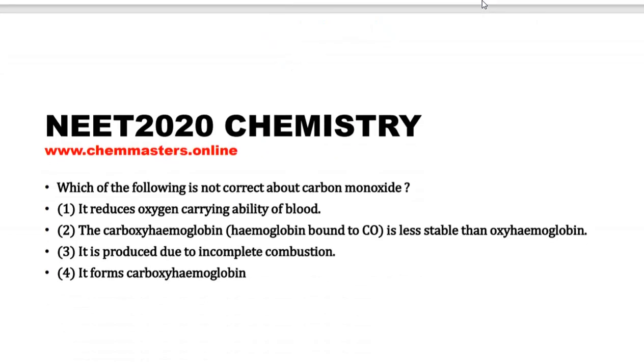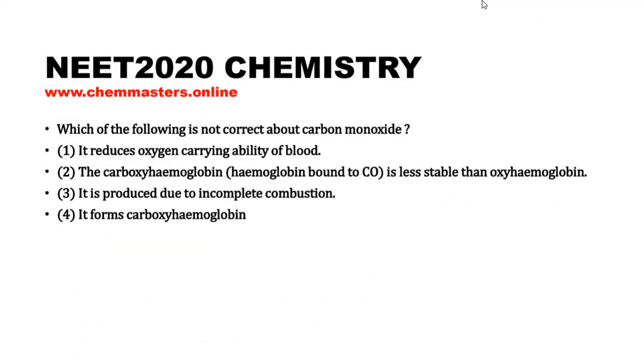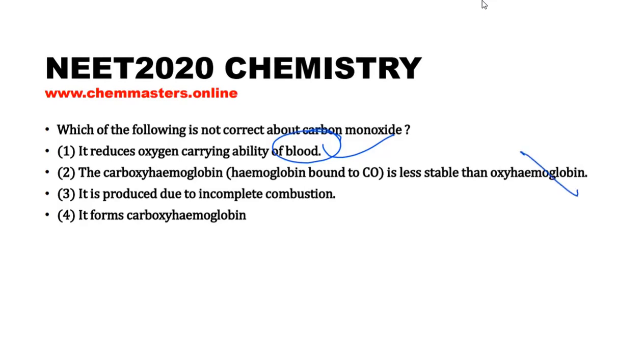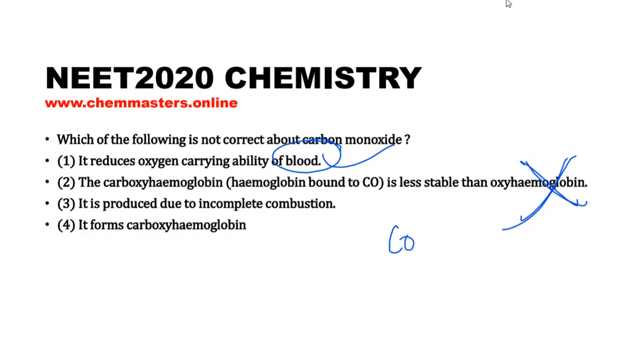Next one, which of the following is not correct about carbon monoxide? So here you can see, it reduces the oxygen carrying ability of blood. This is the correct statement. The carboxyhemoglobin is less stable than oxyhemoglobin. This is absolutely wrong. Carbon monoxide has a great affinity to hemoglobin when compared with oxygen.